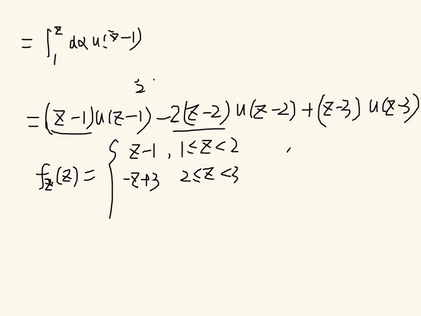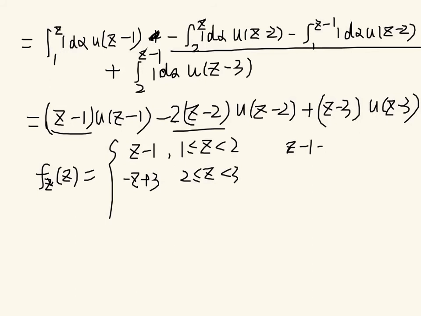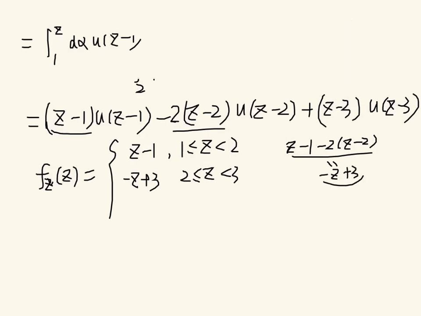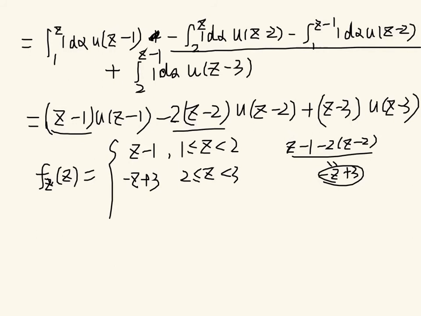It's z minus 1 minus 2 z minus 2. This is minus z plus 3. And else 0.